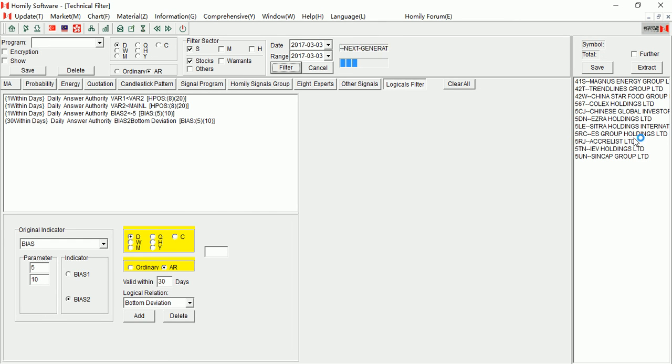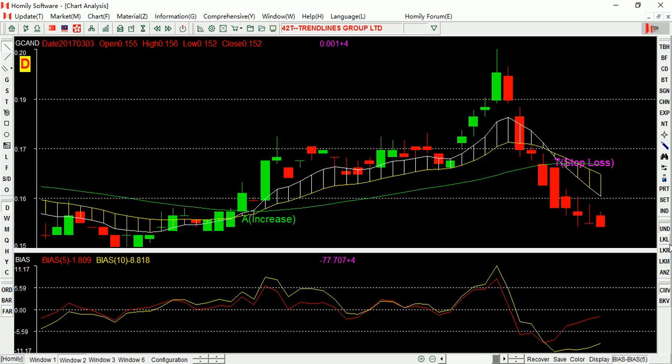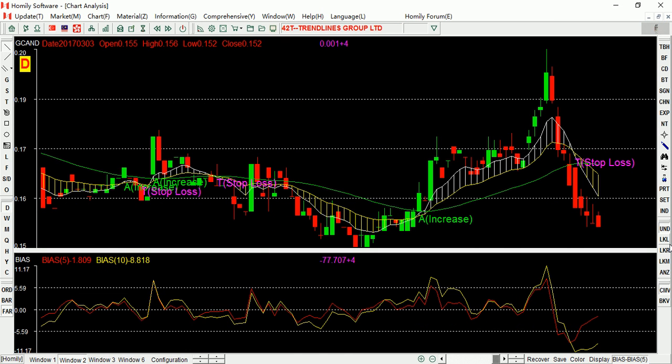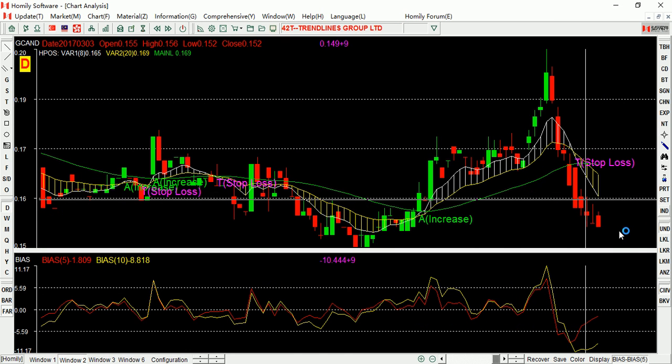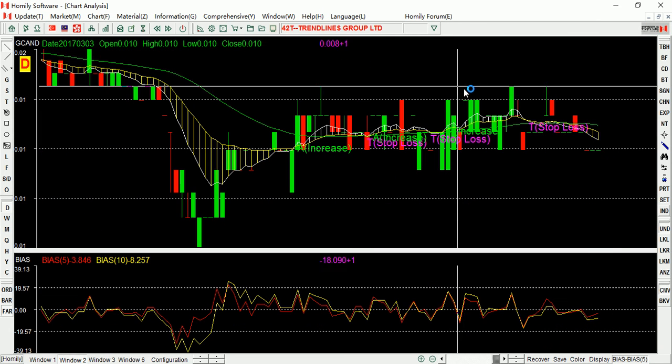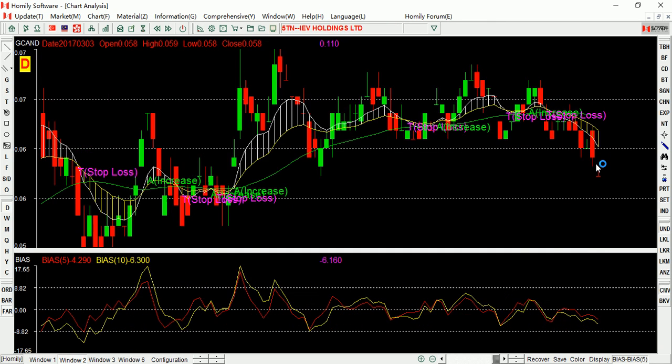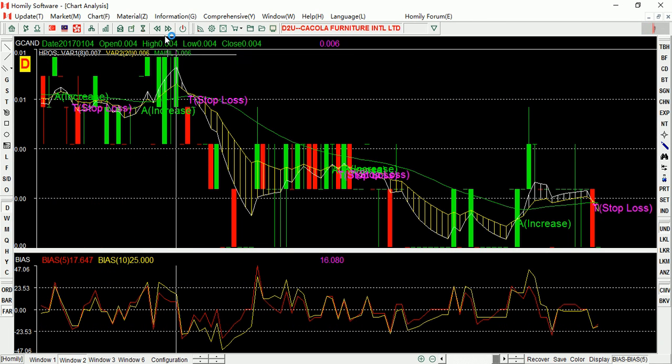So either are filtered, but this one no need to care. This one give up. This one is oversold. This one also oversold. So this filter method is only for oversold.